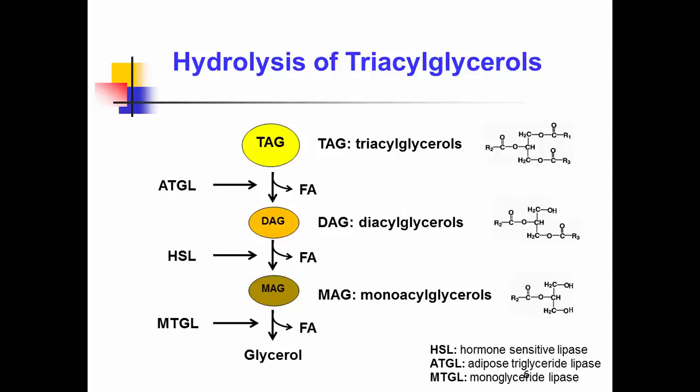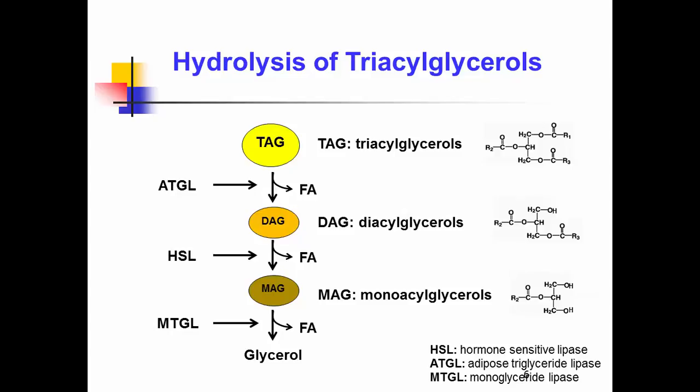Another explanation would be HSL may be better understood by the researchers. So the other ones aren't hormonally regulated? Well, people recently found that ATGL can also be regulated during fasting, but compared to HSL, it's less known in terms of this enzyme.